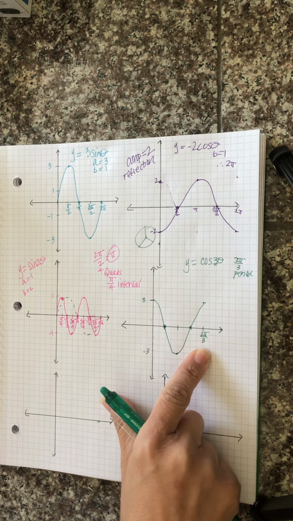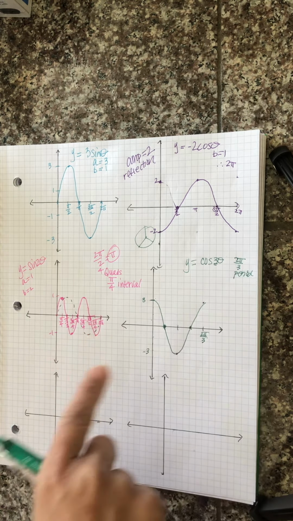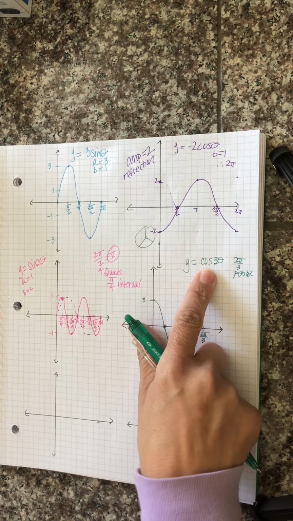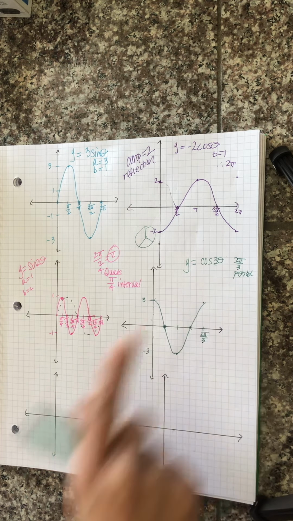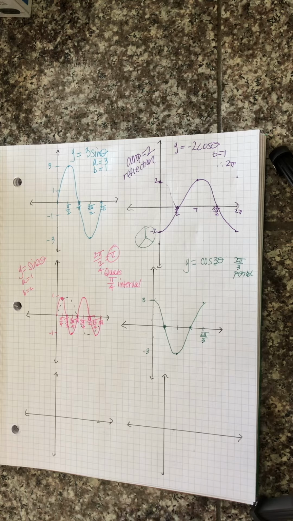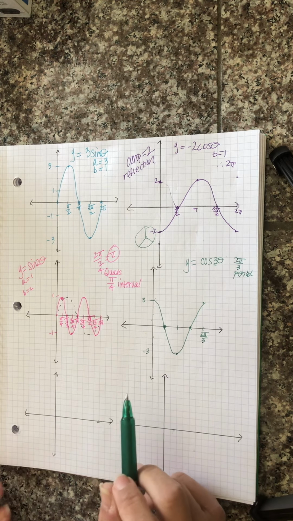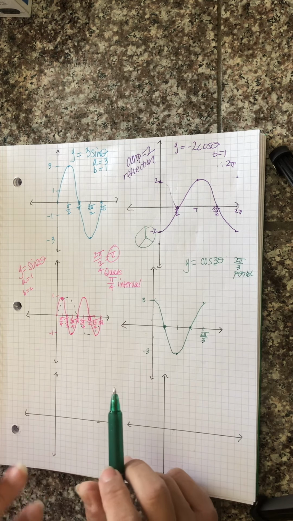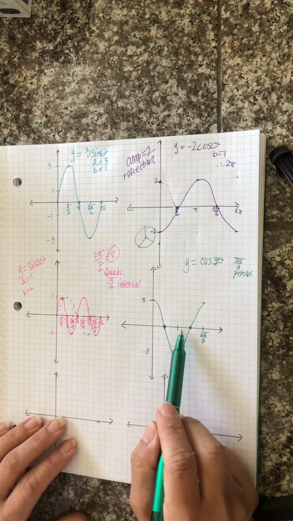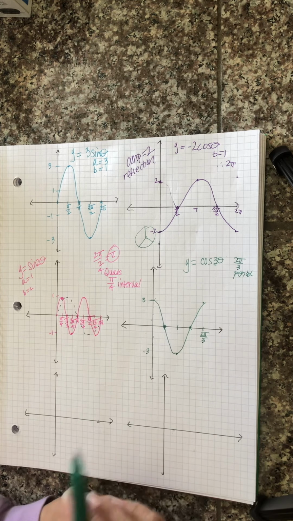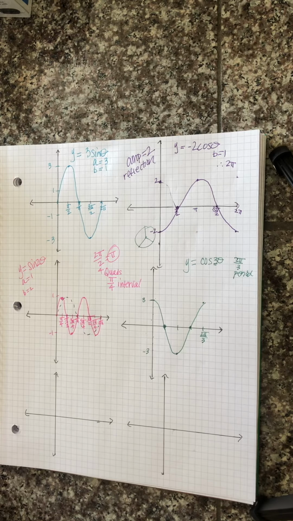How'd I get that? Because the period is determined by taking 2 pi, 1 rotation, and splitting it up by whatever b is, and b in this case is 3. I need to have all these increments labeled. All of your graphs have to have 4 increments per cycle. This is 1 cycle. All right, well, how many quadrants are in the unit circle? 4.